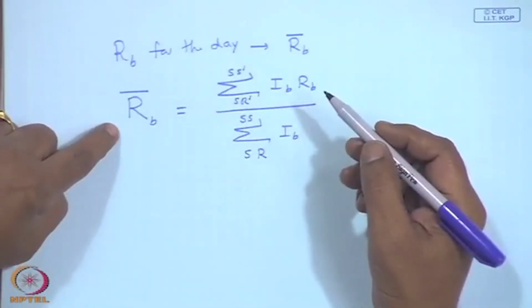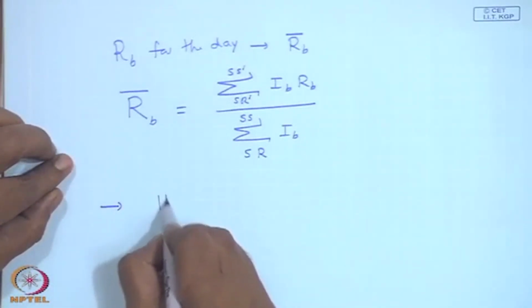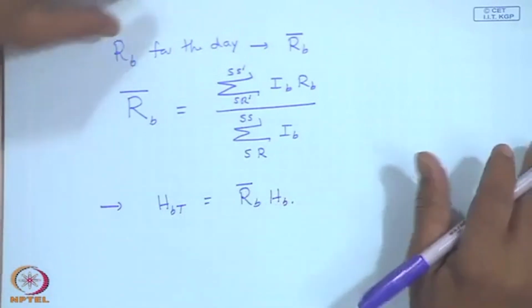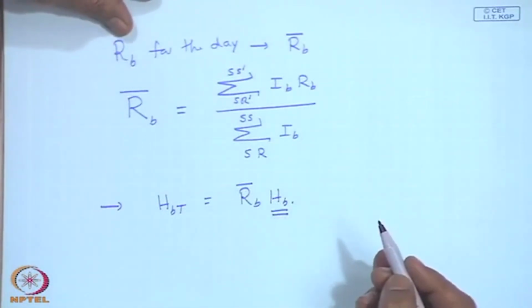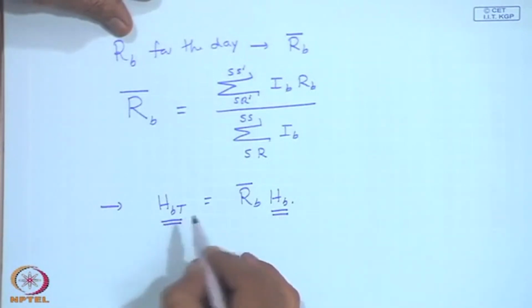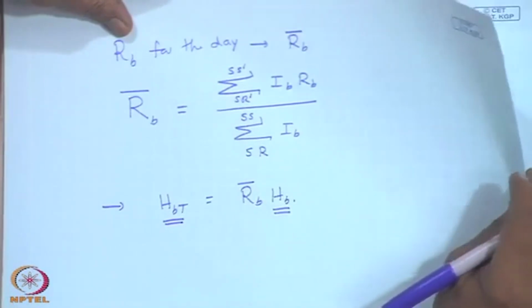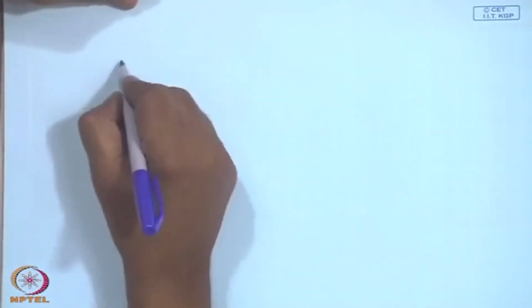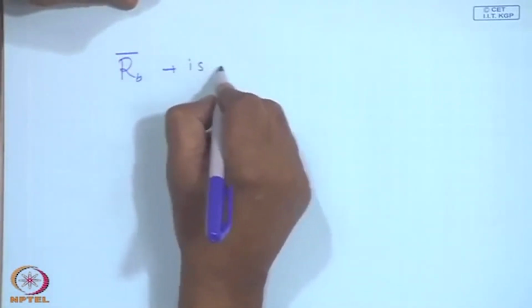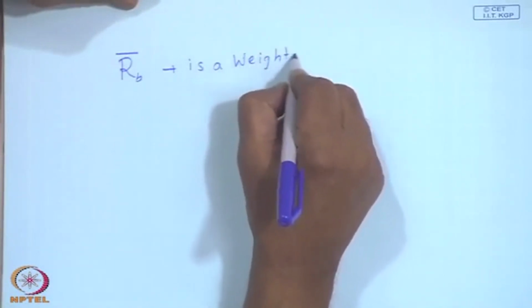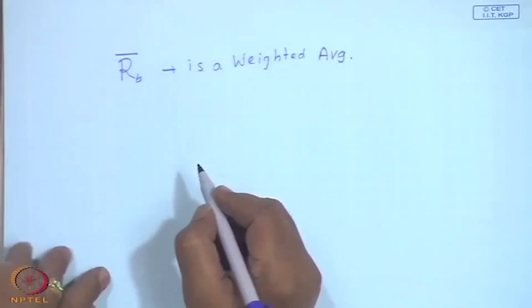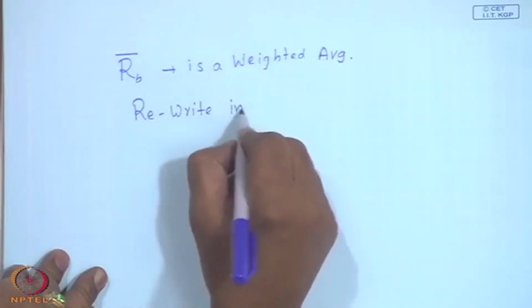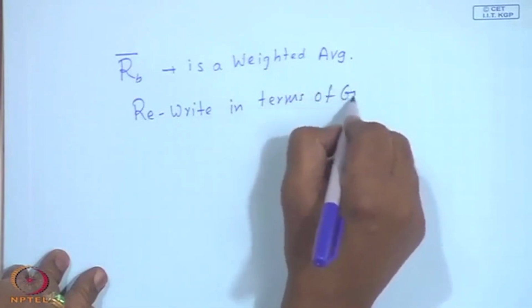So, if I am asked to find out R B bar, this leads to H B T being equal to R B bar H B. So, if I have the daily beam radiation on a horizontal surface, I will be able to calculate the daily direct radiation on the tilted surface by this factor R B bar into H B. So, this R B bar is a weighted average, just to be mathematically consistent.